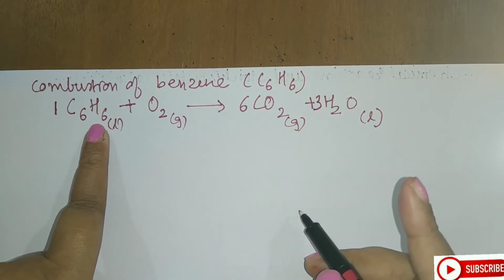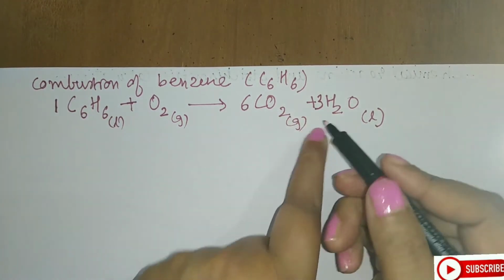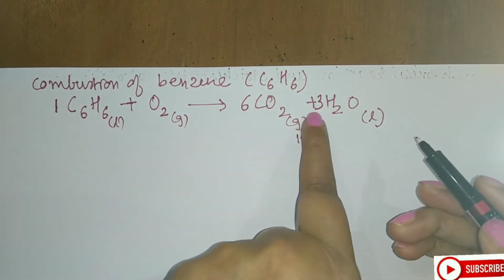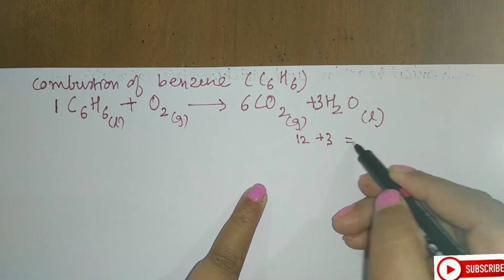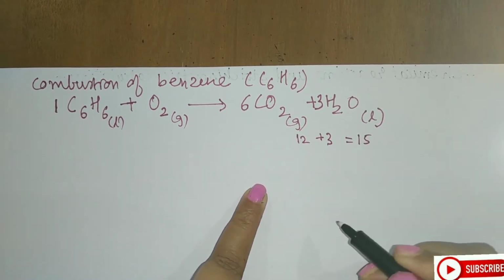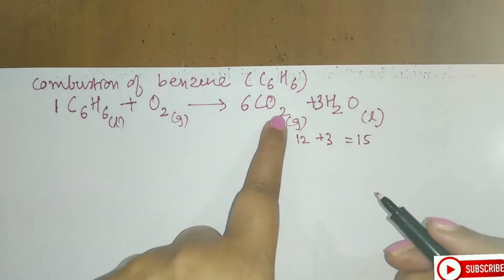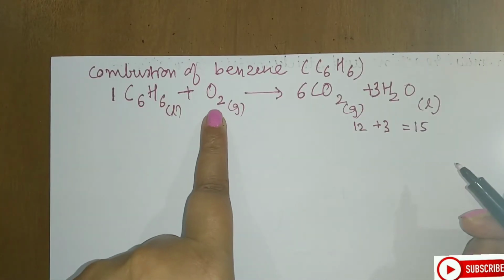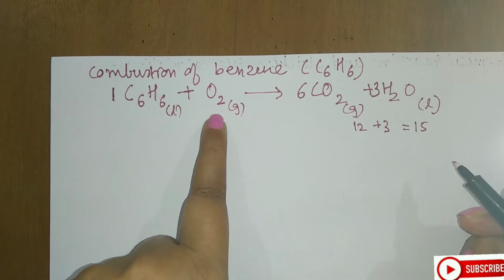Now for balancing oxygen, I will move on to this side. If you see here, 6 times 2 is 12 plus 3. So how many oxygens are there, student? There are 15 oxygen atoms on this side: 6 times 2 is 12 plus 3, that is 15. Now I will move on to this side. This is 2, so I cannot remove this 2.